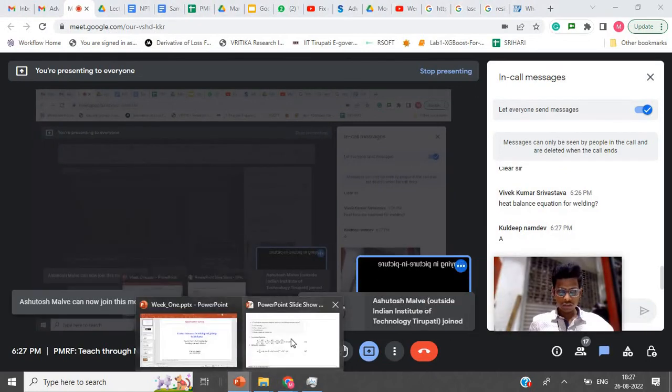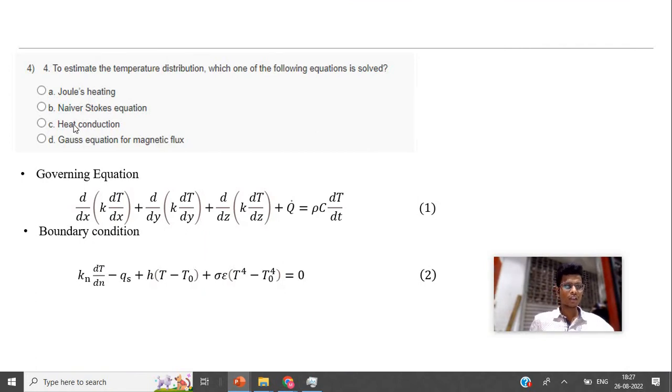Basically, the solution for this question, to estimate the temperature distribution, which equation is solved? Here we use the heat conduction equation. Someone has used option A, which is basically whenever a current is passed, heat is generated. That is called Joule's heating. Take any conductor, and if I pass electricity, because of the resistance, heat is generated.